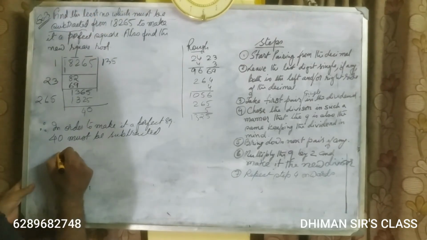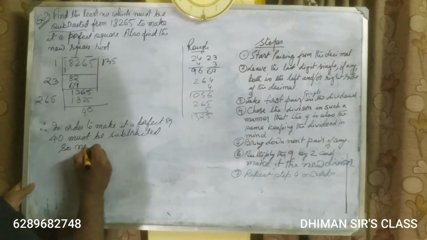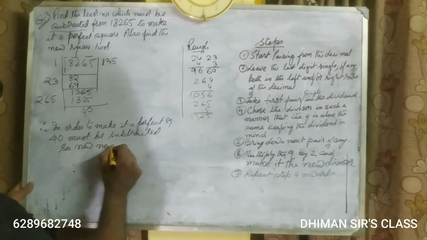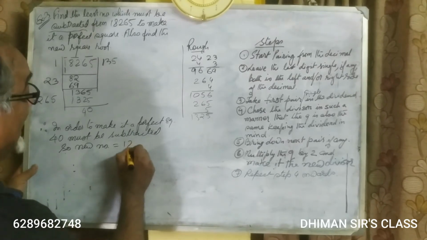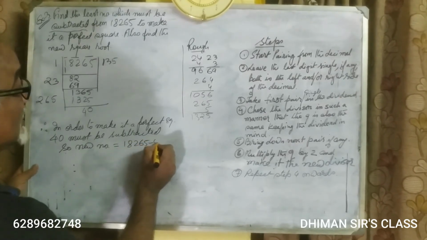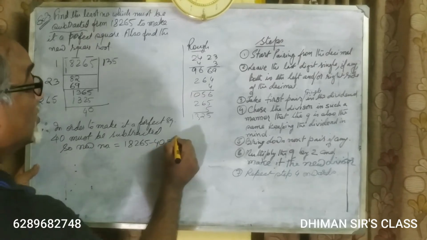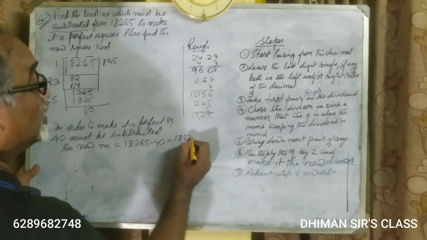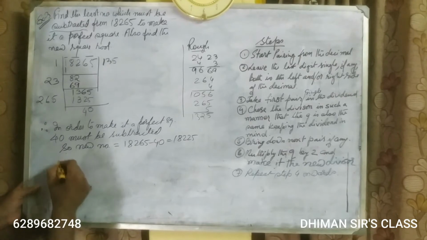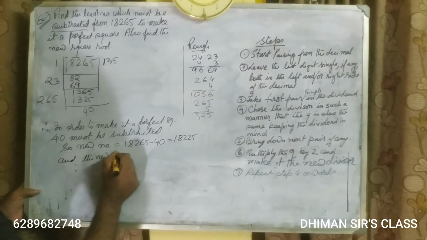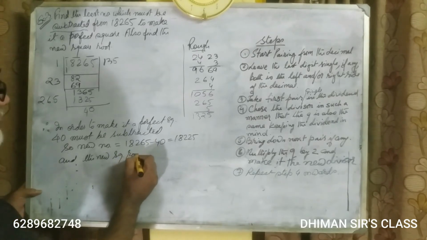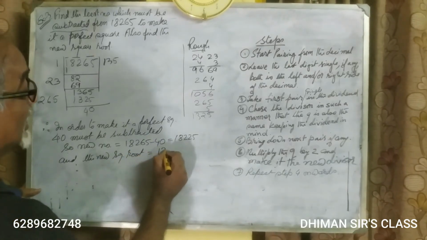So the new number is 18265 minus 40, which is equal to 18225, and the new square root is equal to 135.